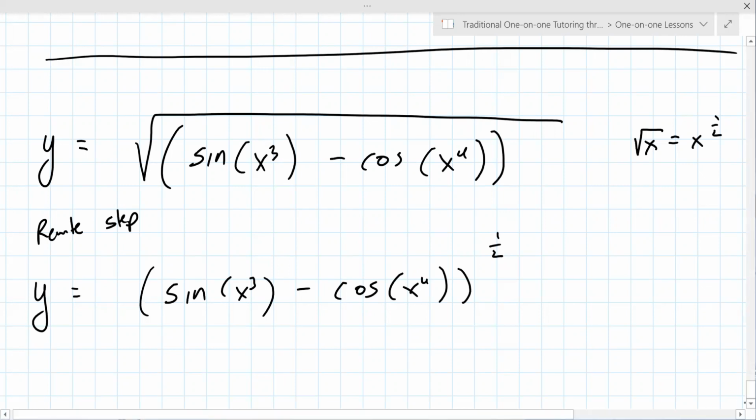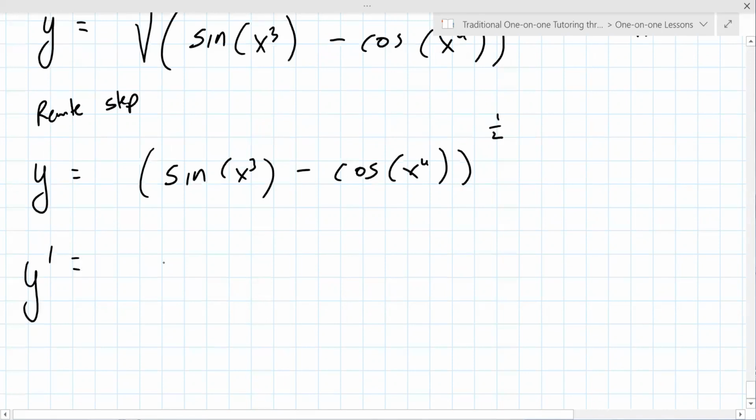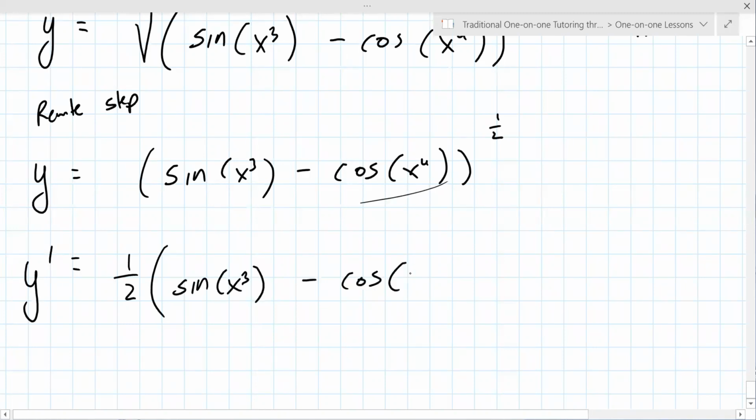Okay. So y prime equals... 1/2, got to bring that down first. Keep the inside. It stays the same. And then you're subtracting 1.